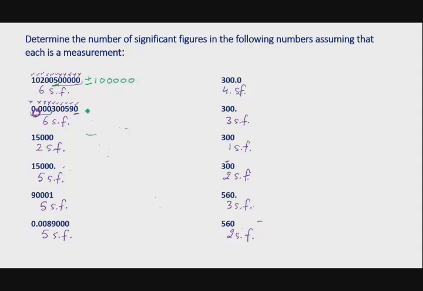Whereas in the next case, the error will be, since the last reported significant figure is the trailing zero, 1, 2, 3, 4, 5, 6, 7, 8. The trailing zeros in this case are not significant figures, so the error is plus minus 1000.